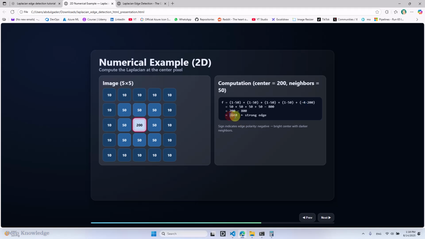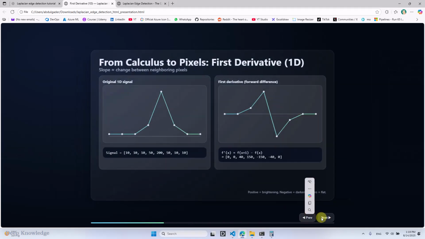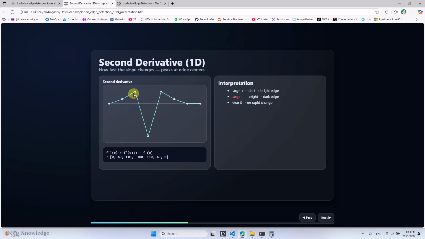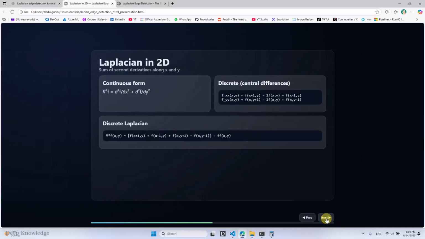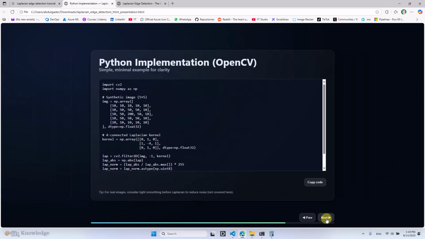So we now get minus 600, which is a strong edge. Going back to the figure, if it's greater than 0, it will be a bright edge. If it's negative, it will be a dark edge. And of course, if it's 0, there is no edge here.